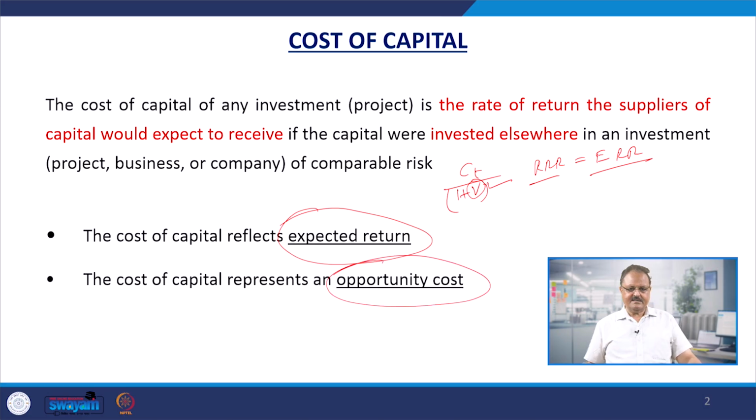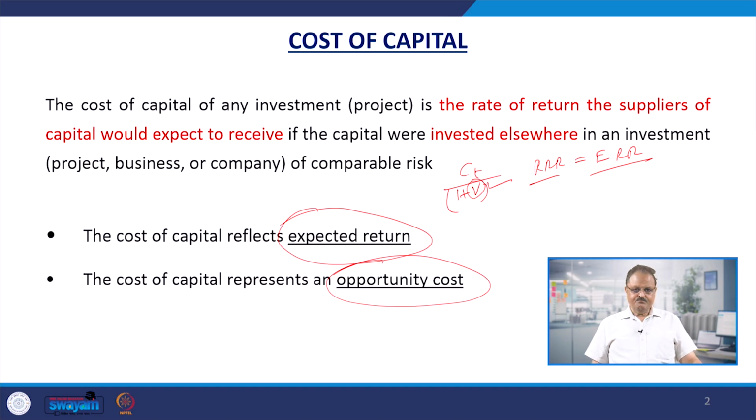These are the two important considerations, because you have multiple opportunities. When you choose one opportunity, you are not choosing the other opportunities. But all the opportunities are of comparable risk, and they should be giving you the same expected return. So you have to focus upon two important things. First, the cost of capital, because it reflects the expected return.